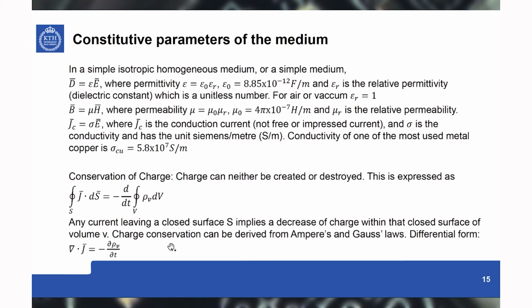So any current leaving a closed surface S implies a decrease of charge within that closed surface of volume V. Charge conservation can be derived from Ampere's and Gauss's laws. The differential form of charge conservation can be very easily derived from the divergence theorem: del dot J equals minus the rate of change of the volume charge density at that particular point.